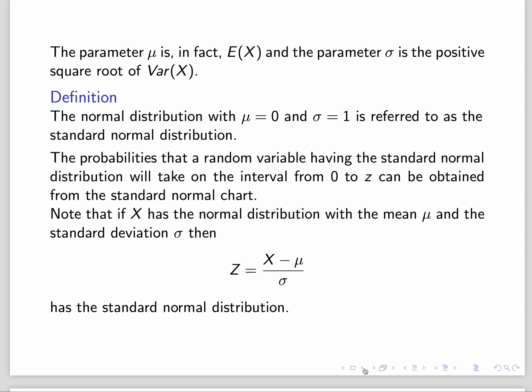By virtue of the central limit theorem we can say that the sample mean, that is x bar, which is also a random variable, will be identically distributed normal, and x bar minus mu divided by sigma upon root n will be standard normally distributed for large n. That's why normal distribution plays an important role in probability theory. Thank you.